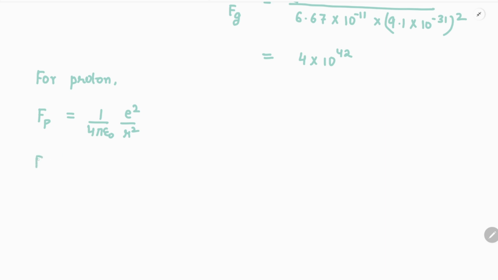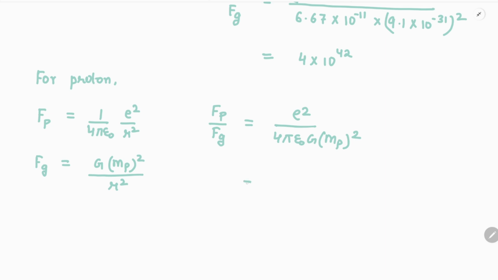Followed by this, the gravitational interaction Fg can be written as G times mass of proton squared by r square. Now if we calculate the interaction ratio, Fp by Fg, we will get the equation e square upon 4 pi epsilon naught G mass of proton square.